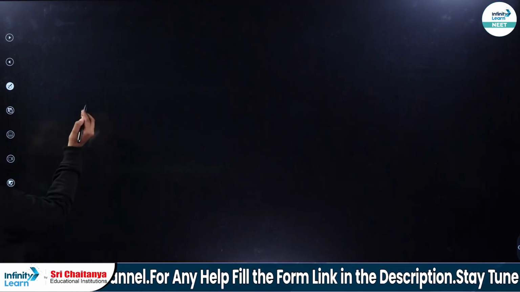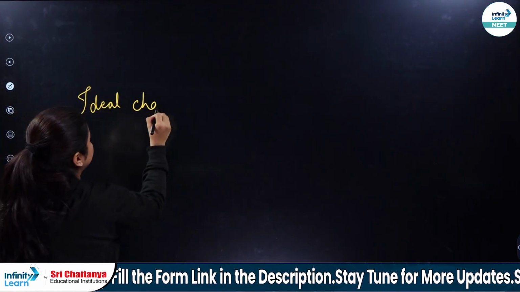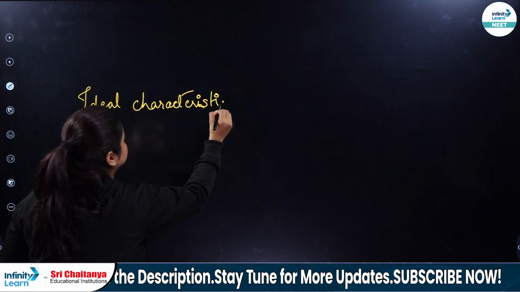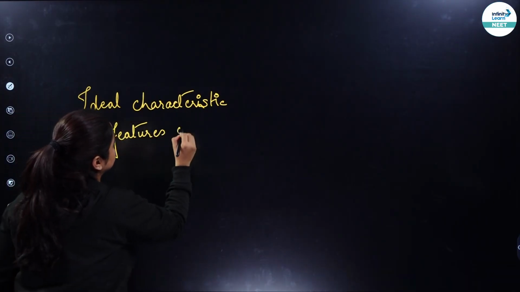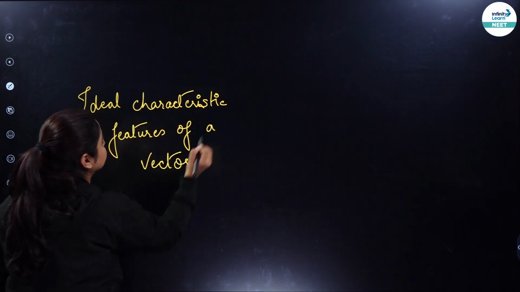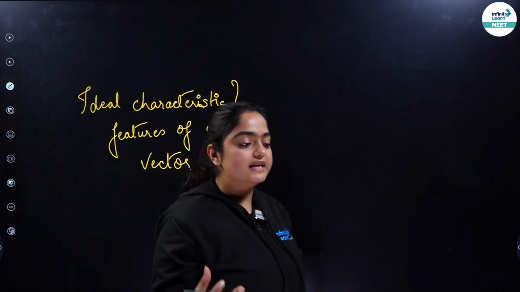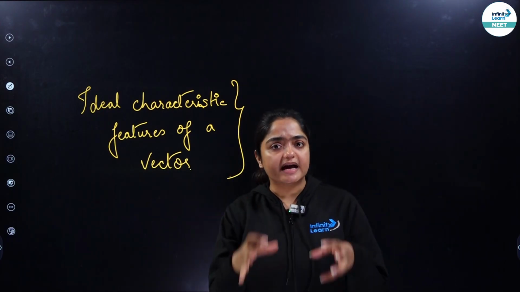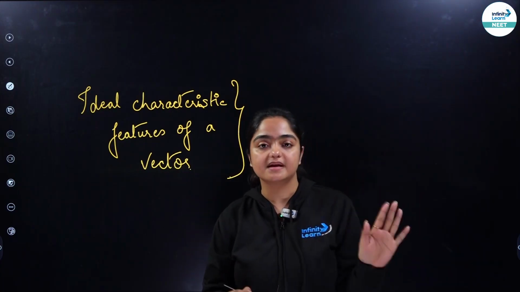Now, we will be discussing the ideal characteristic features of a vector, correct? It basically means what qualities should be there in a vector so that it could help the recombinant DNA get introduced into the host organism very easily.